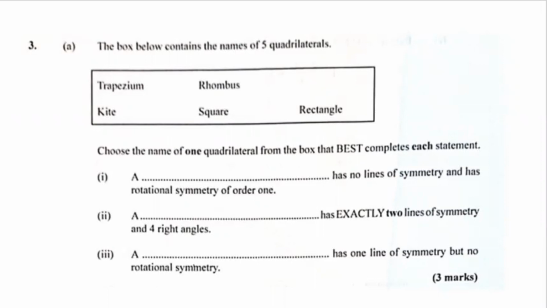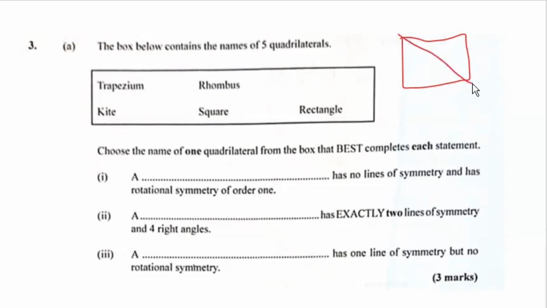So what we realize is that for these 5 quadrilaterals, what we're comparing is the lines of symmetry and the rotational symmetry. From the part that says has no lines of symmetry, there are certain quadrilaterals that we can rule out from that statement alone. For example, a square has 4 lines of symmetry.